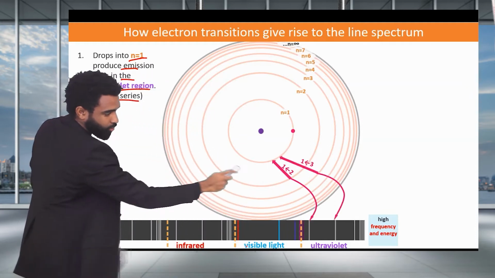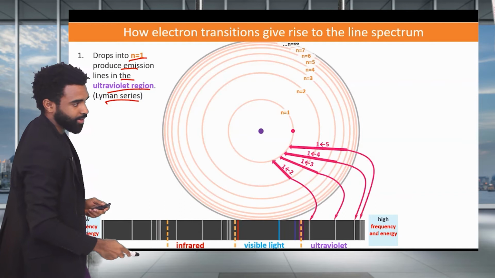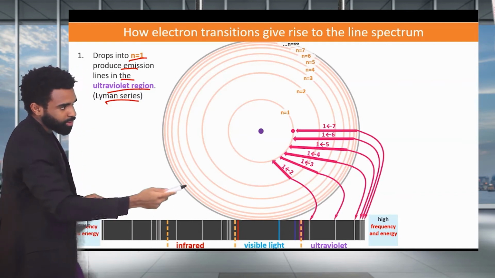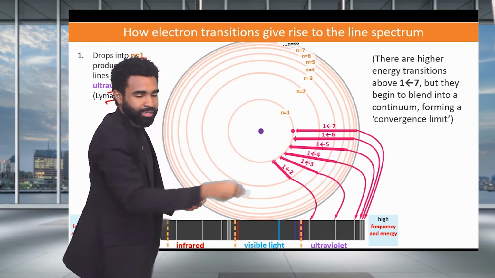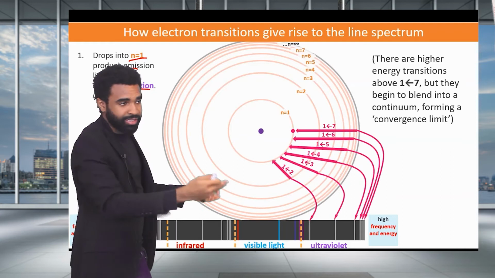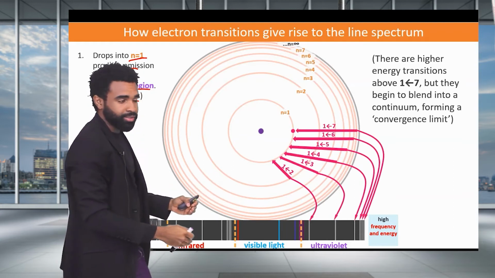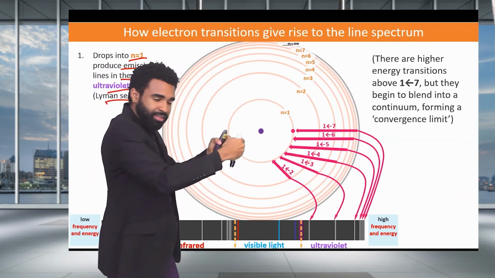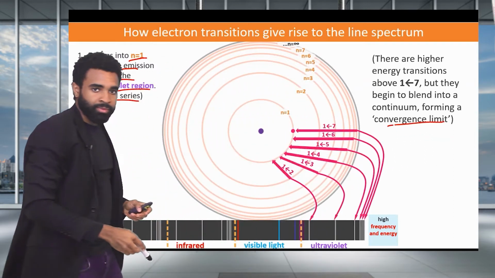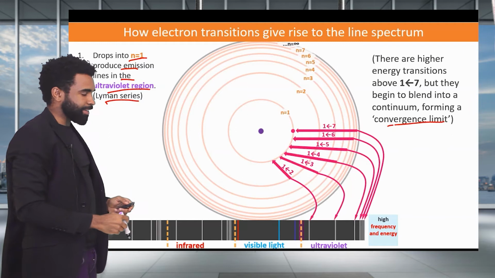Then 3 to 1 will be the next line. 4 to 1 is the next one. 5 to 1 is the next one. 6 to 1, 7 to 1, and so on. Importantly, we can keep going 8 to 1, 9 to 1, 10 to 1, but those lines begin to merge into a kind of continuum, difficult to tell apart. We call the limit after which they merge the convergence limit. We'll talk a bit more about that in a second.